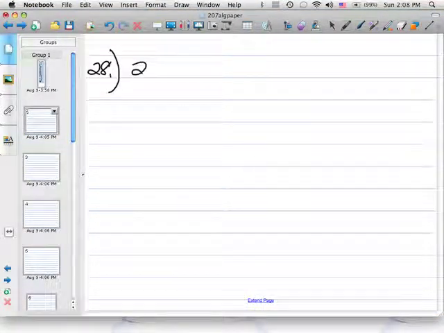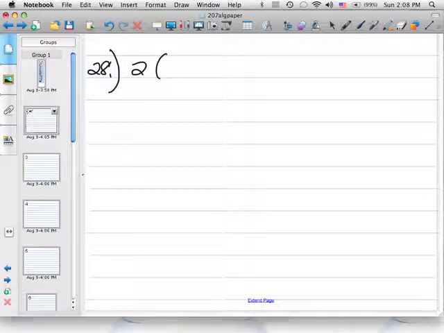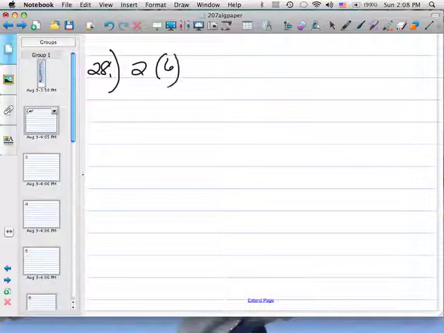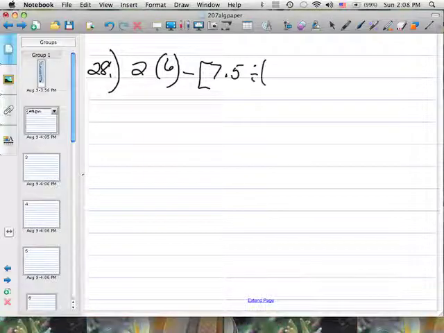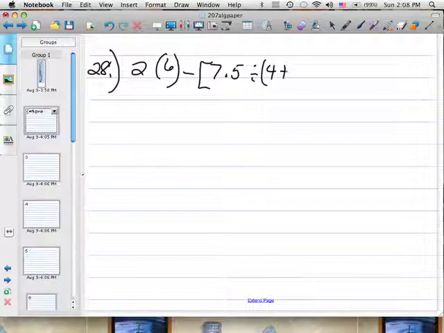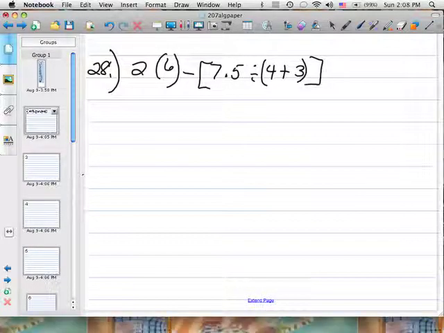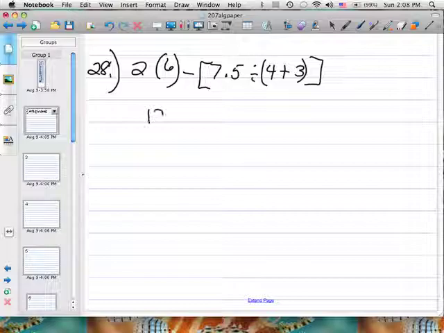26, we have 3 times the quantity z plus 5 times the quantity 2y minus x. Substituting in, we get 3 times z, which is 5, plus 5 times 2y, which is 4, minus x, which is 3.